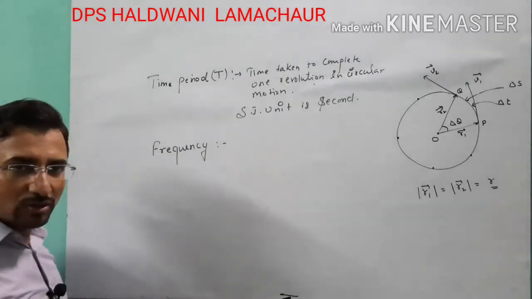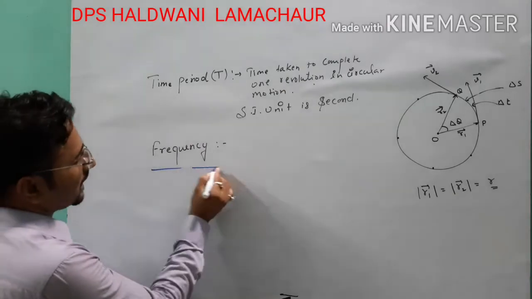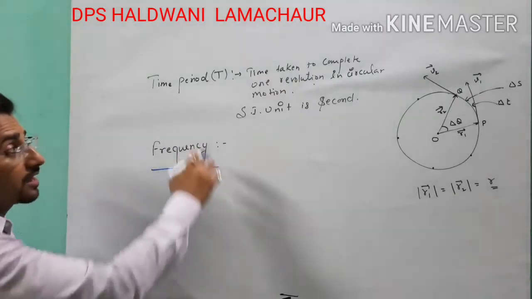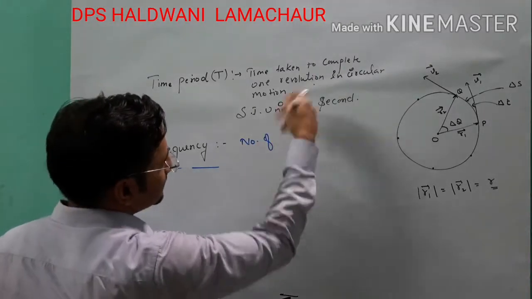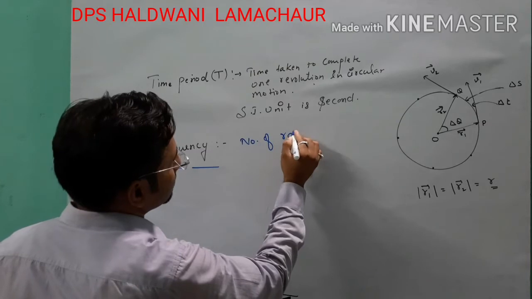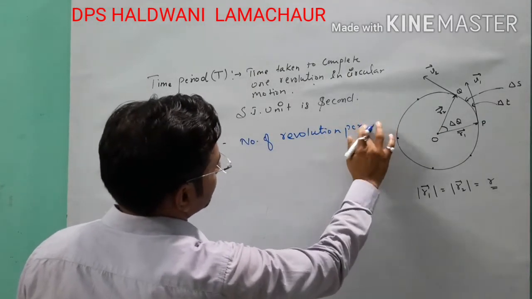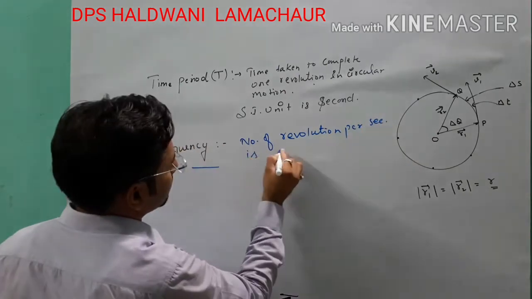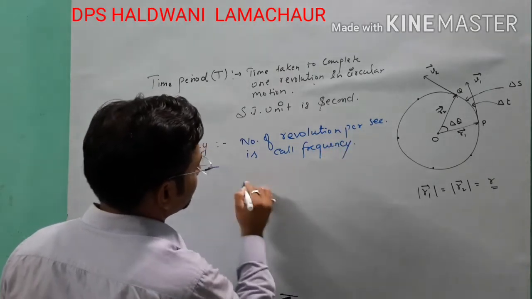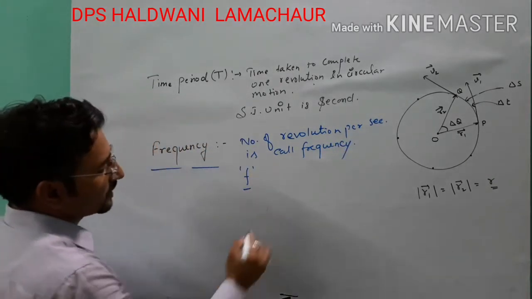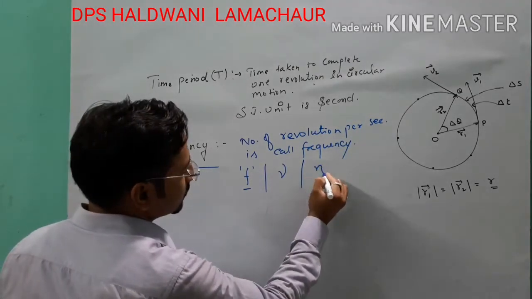Now if we think about frequency, as you know, frequency is the reciprocal of the time period, but when we think about the definition, you can say that the number of cycles or number of revolutions per second is called frequency, which is denoted in some books by f, in some books by mu, or in some books by n.